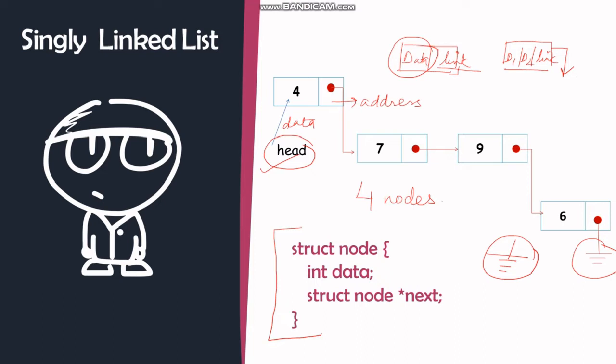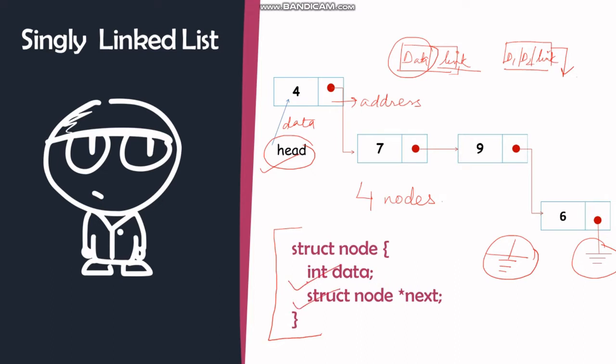Now जब हम एक कोड की बात करते हैं, सो struct node { int data; struct node *next; }. So I assume that you have little knowledge of programming in C. This is a C code where I have shown the representation of a node. So the node has two parts, int data and struct node *next.